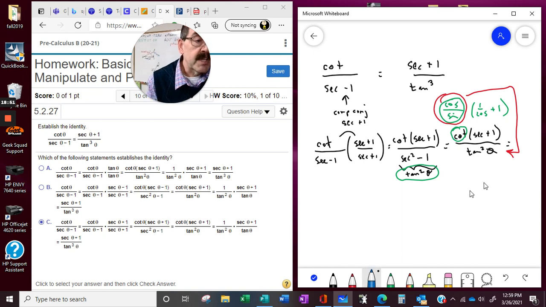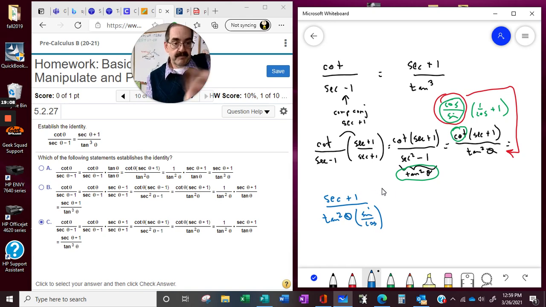So secant plus 1 over tangent cubed theta. I'm going to say C.